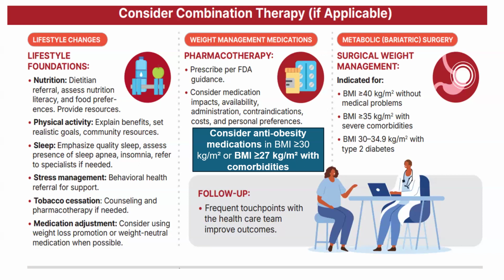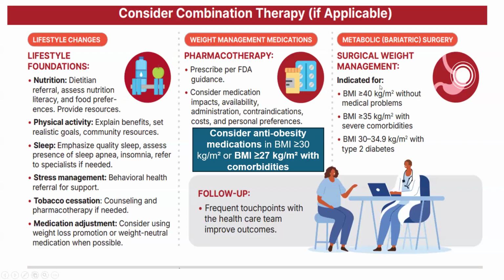In terms of pharmacotherapy, as mentioned by the guidelines, always prescribe medications as per FDA guidelines. We look at what are the medications mentioned. Consider anti-obesity medications in those who have a BMI of more than or equal to 30 kg per meter square, or BMI of more than or equal to 27 kg per meter square with other comorbidities like diabetes, hypertension, hyperlipidemia, and so on.